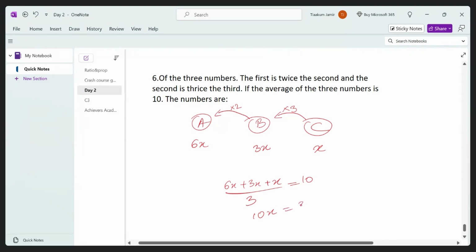That gives 7x is equal to 30. Cross multiply, cancel, and x is equal to 3. Then the numbers are: x is 3, here 2 into 3 will give us 6, and here 4 into 3 will give us 12.